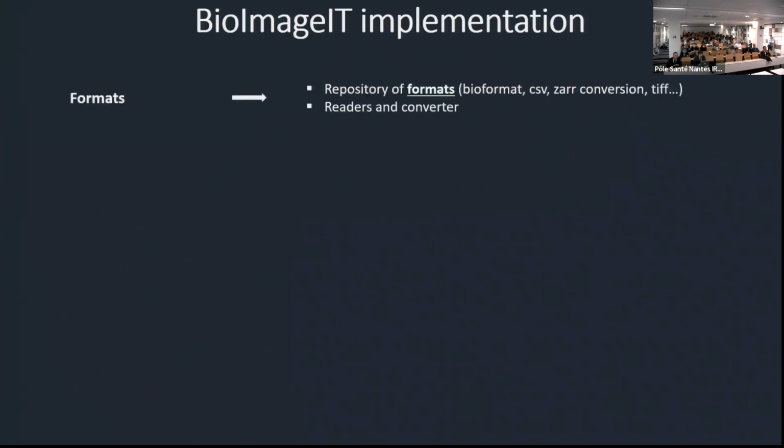Next question is how does it work, or how is it made? So I will explain it with 6 pillars. The first one is the pillar of the format. BioimageIT can read, convert, or generate different types of formats. It could be TIFF, it could be Zarr, which is a compressed type of images.